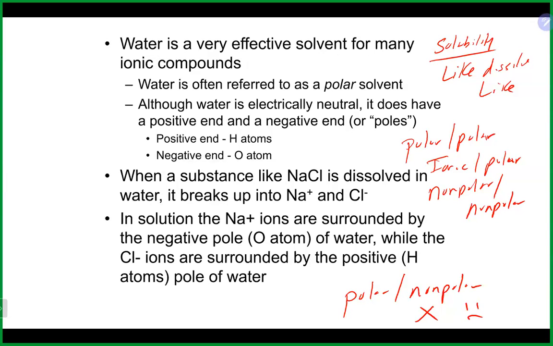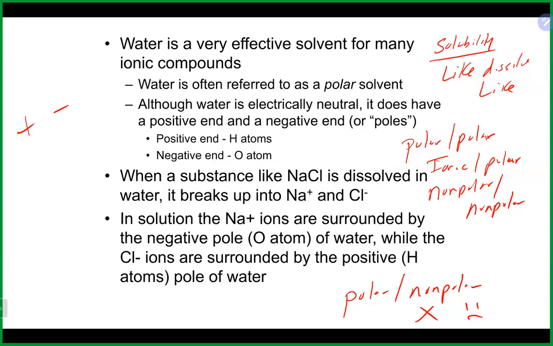So that's why we use water with a lot of things, because a lot of things are polar, a lot of things are ionic that we want to make solutions with. So it works really, really well because they can interact. All molecules, believe it or not, polar molecules, non-polar molecules, how all molecules interact with themselves and with others, is a basic interaction of opposites attract. A positive side of one molecule is attracted to the negative side of another, and that's what we see here with our ions.